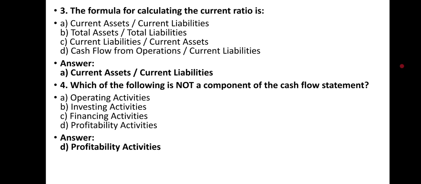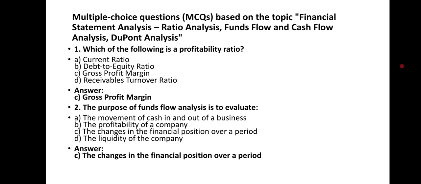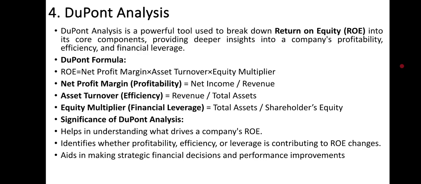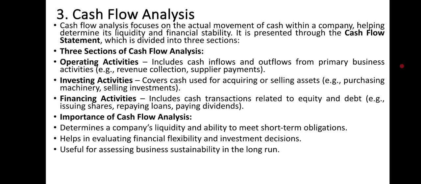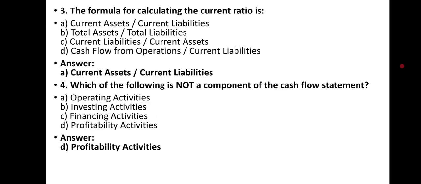The right answer is profitability activity, because these are the components of the cash flow statement: operating activities, investing activities, and financing activities, which I already discussed in the previous slide. Here you can see these are the three sections of cash flow analysis.